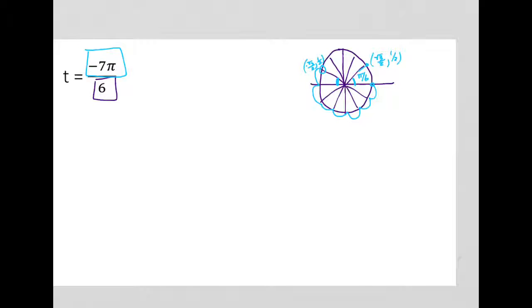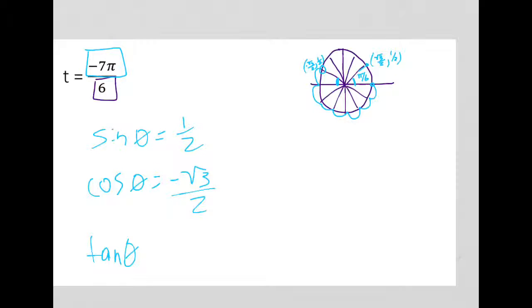But now we're just listing the values of the functions. So sine of theta equals the y value, which is 1/2. Cosine of theta equals the x value, which is negative root 3 over 2. And tangent of theta equals sine over cosine. That is an important identity.